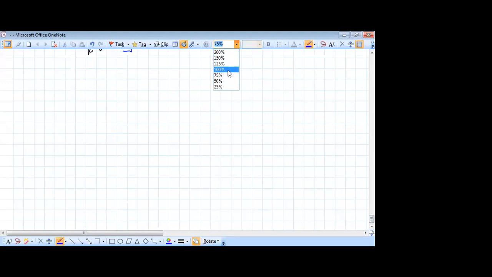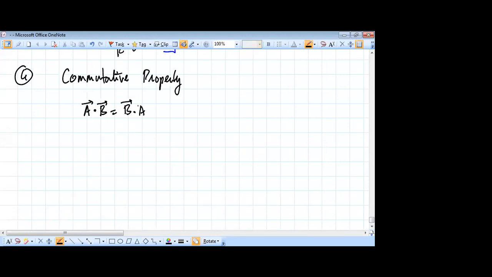Okay. Next up, we'll see the commutative property. That is A dot B is equal to B dot A. It is fairly obvious. And along with this, we will see the next one, which is the distributive property.